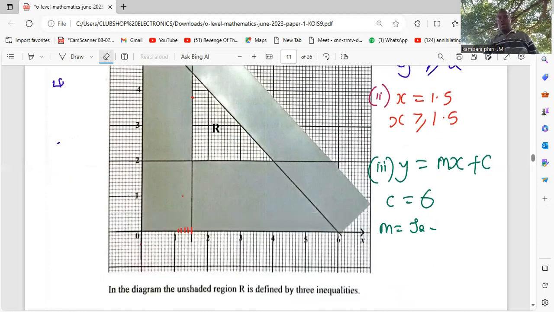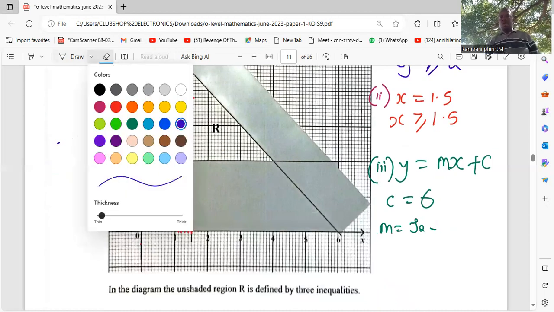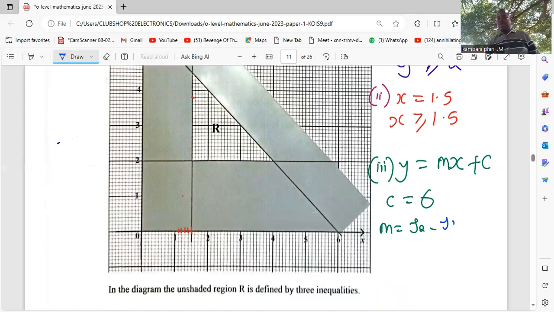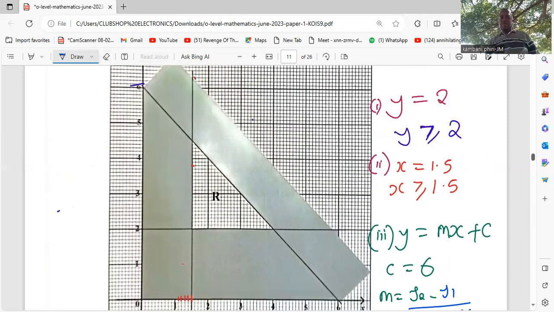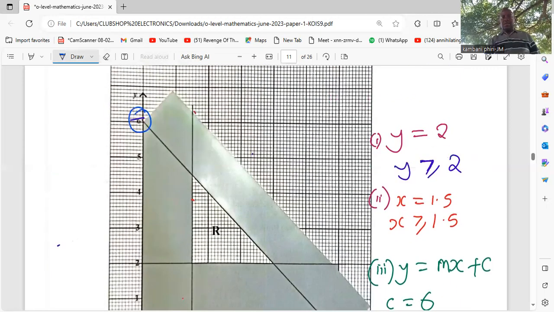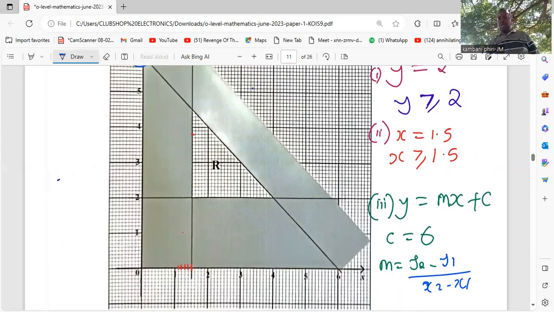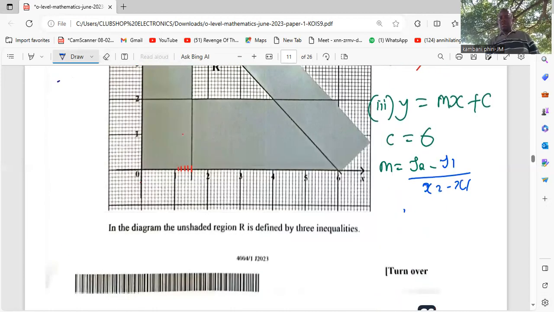Or you can pick 2 points and use the formula if you're comfortable with this. So we can pick this point 0,6 and 6,0. You can say this is point 1 and this is point 2.